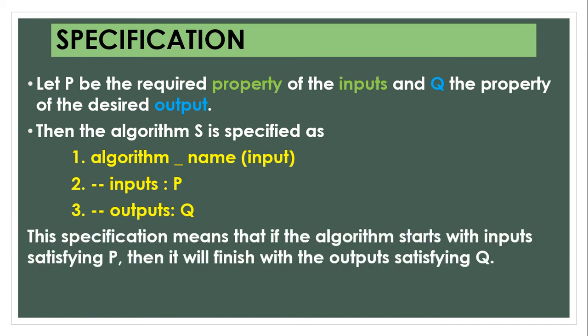The specification means that if an algorithm starts with input satisfying P, then it will finish with the output satisfying Q here.